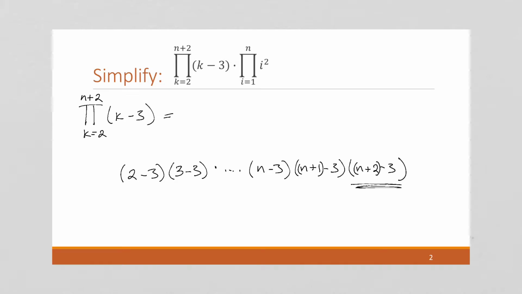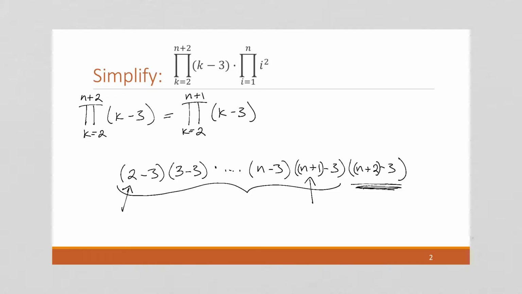So this is the last term that I'm going to remove, and I want to rewrite this as a product. So that is going to be, well, we still start at 2, and now I'm ending at n plus 1 of k minus 3. And I need to make sure I multiply that whole thing by this term. I'm going to simplify it so n plus 2 minus 3 is the same as n minus 1.